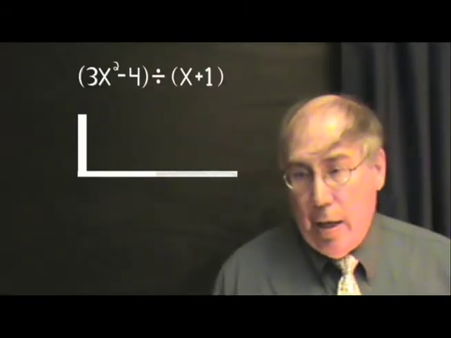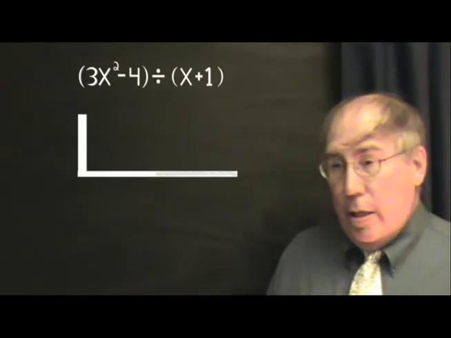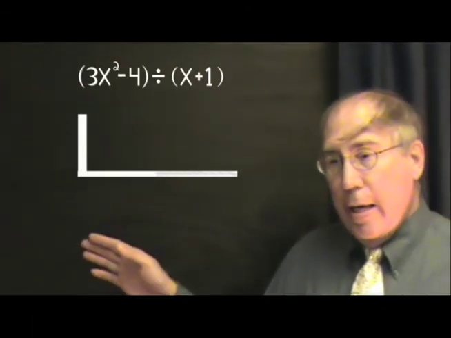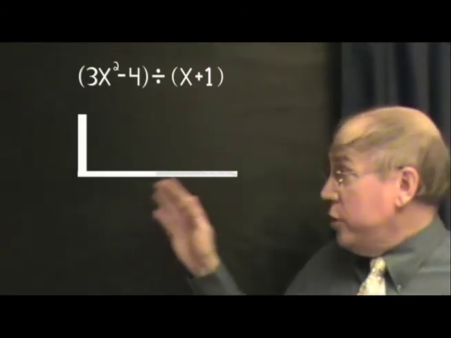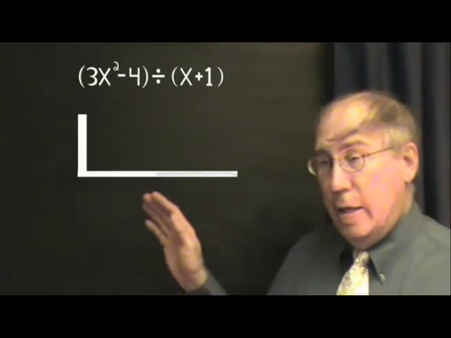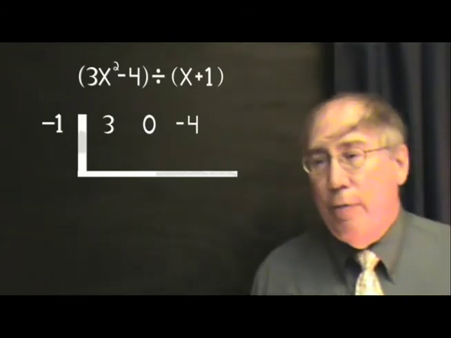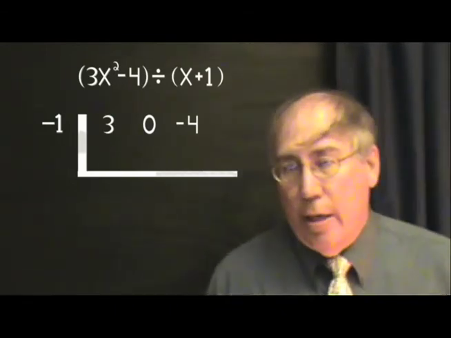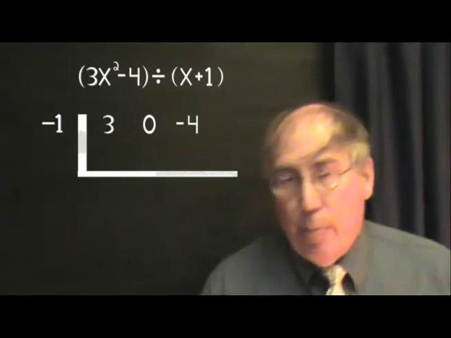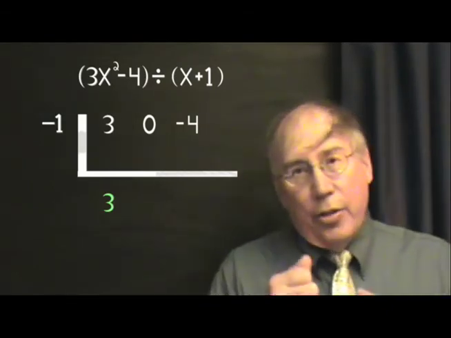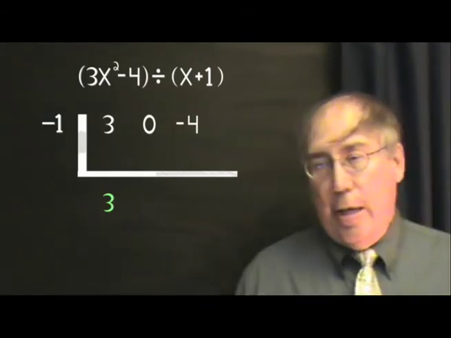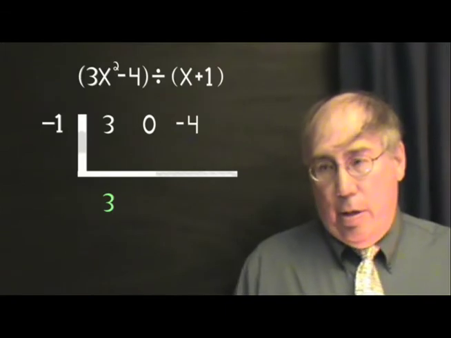All right, our last problem here, let's take and put down a 3. And now there's no x, so we'll put a 0 representing the x's place, and then a negative 4, and take the additive inverse of plus 1 in our divisor, which would be negative 1, bring down the 3, multiply the negative 1 times the green 3, and that would be negative 3.